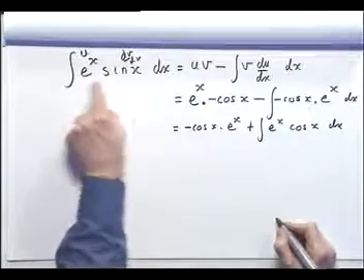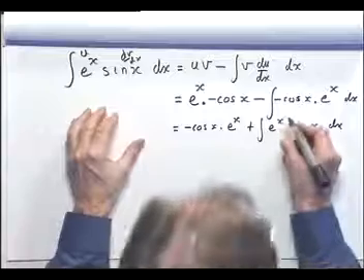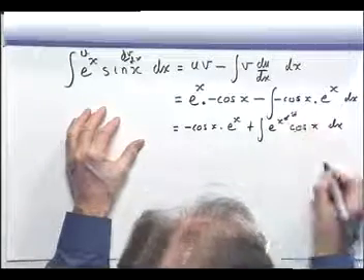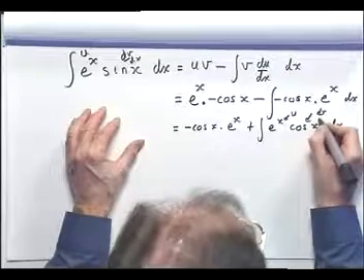And back to something that looks like this again. Let me make the same choices then. Let me call this u. Let me call this dv by dx.